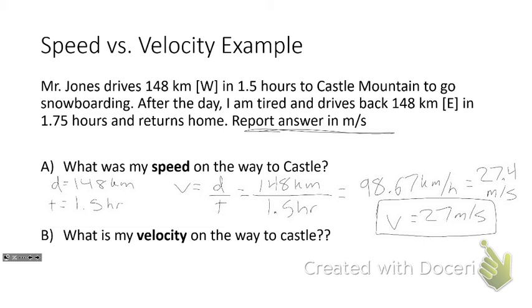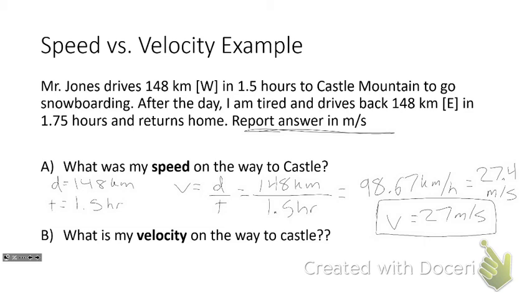Okay, so my velocity. How is my velocity different than my speed? Right. It tells us the magnitude and direction because velocity is a vector quantity. You bet.